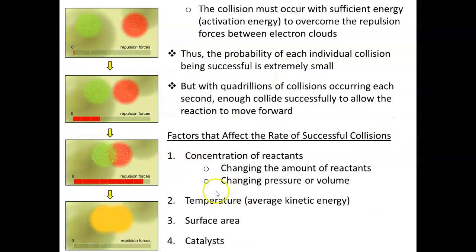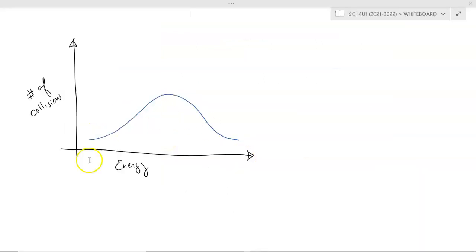Now, another thing to also consider is that increasing the temperature also increases the number of molecules that have the minimum activation energy to start a successful collision. Imagine, if you will, an energy versus number of collisions graph. Most of our particles will have a certain amount of energy. Some will be higher energy, some will be lower energy. And this is the activation energy.